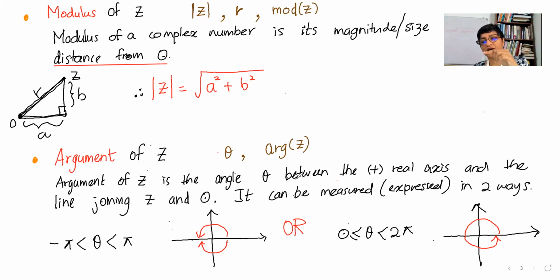You can just always keep going anti-clockwise like this, wherever it is, or if it is down here, instead of going anti-clockwise, you can go the other way, which has a negative angle. I think I'm mixing up clockwise and anti-clockwise. Is that clear?